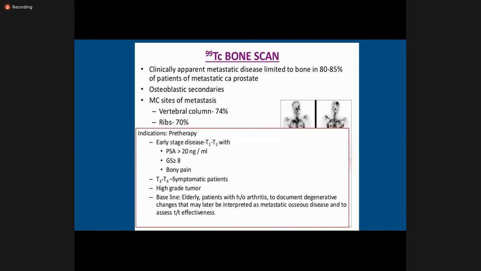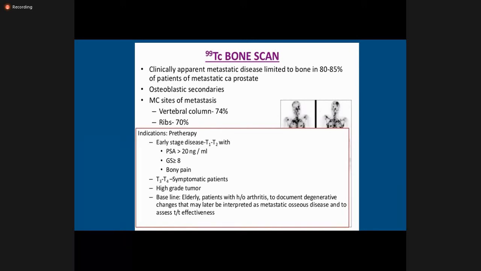Bone scan is important. It gives us a clue whether this disease has progressed or metastasized to the bones. Remember that the number one metastatic site of the prostate is the bones.